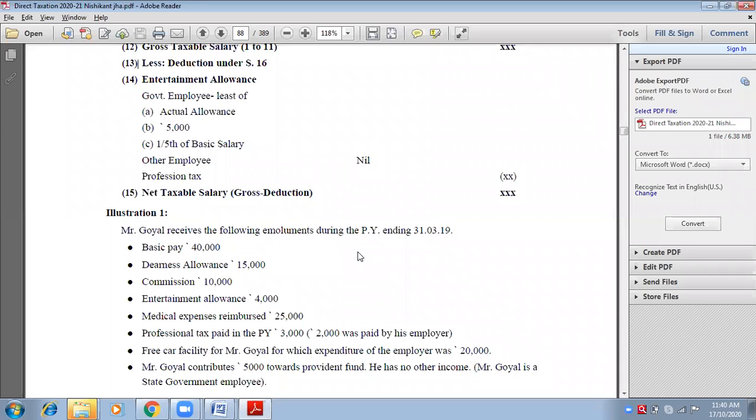Write down. Mr. Goyal contributes towards Provident Fund, which is not to be treated as income because it is his own contribution and which is deducted from salary.